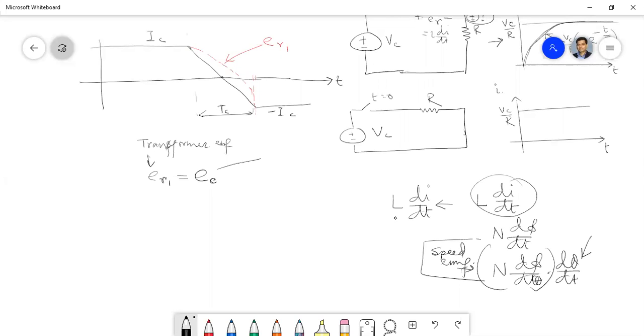And if we can nullify this by some rotational EMF, then our objective will be fulfilled, because transformer EMF is already generated in a certain direction. If we want to add another transformer EMF, it will be additive with this. So what we can do is generate some rotational EMF which can counter this transformer EMF.